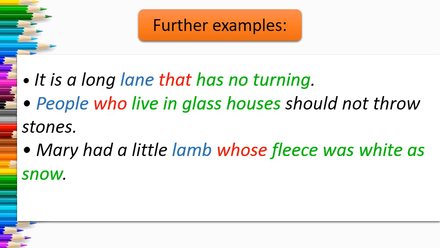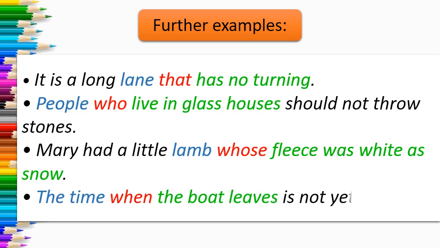Which little lamb? Whose fleece was white as snow. Number 4, the time when the boat leaves is not yet fixed. Which time are we talking about? When the boat leaves. Here, this complete adjective clause is modifying the noun the time. As I have told you, for time we write when in the clause.